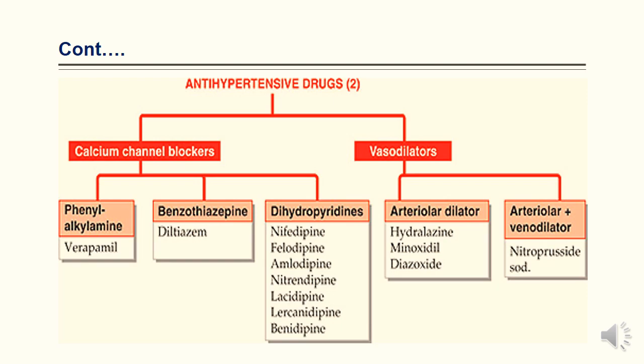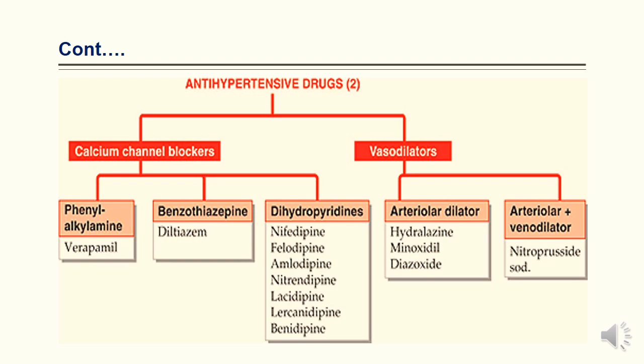Now move on to the vasodilators. The drugs classified as vasodilators are hydralazine and minoxidil, and the arteriolar and venodilator is sodium nitroprusside. Hydralazine, dihydralazine, and minoxidil are not used as primary drugs to treat hypertension.